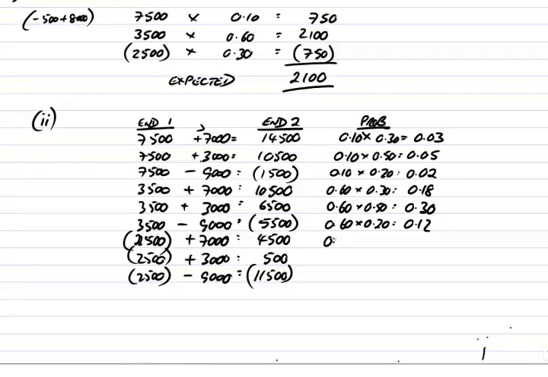Finally, to get 2.5 at the end of the first period is 30%, and then carry on as before.